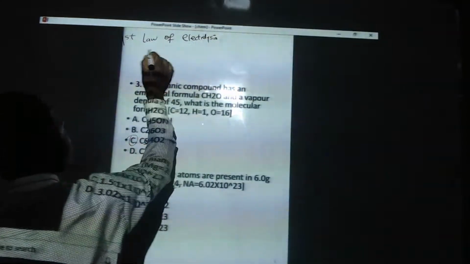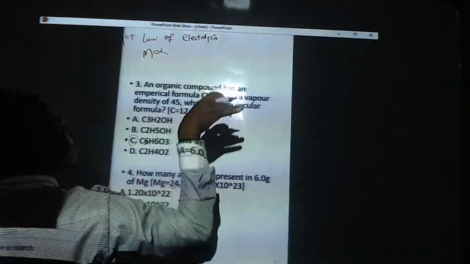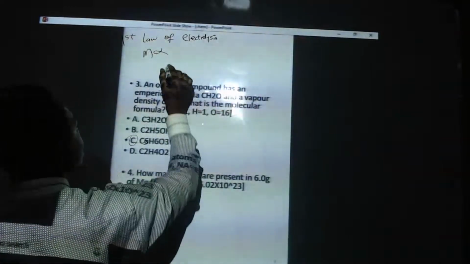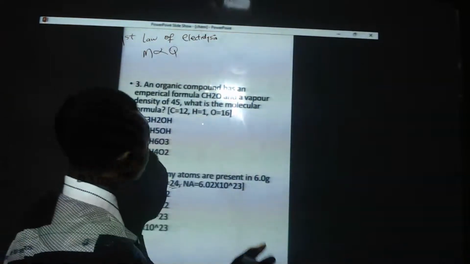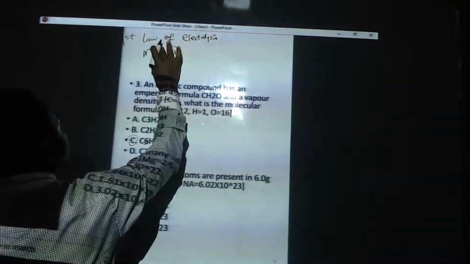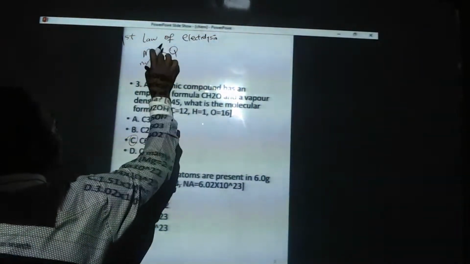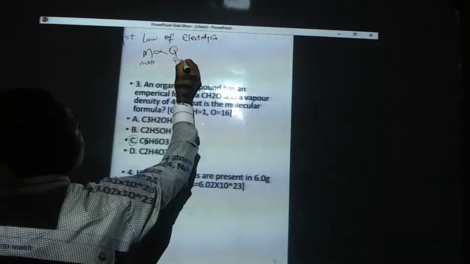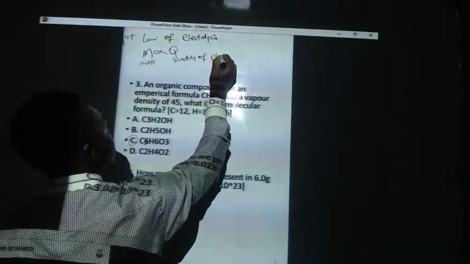The first law of electrolysis tells you that the mass of the element that is discharged during electrolysis is directly proportional to the quantity of electricity passing through. This is how it is represented mathematically: your mass is directly proportional to the quantity of electricity.